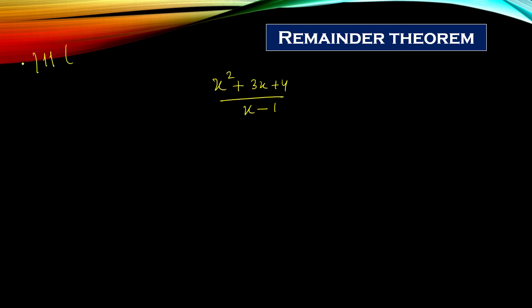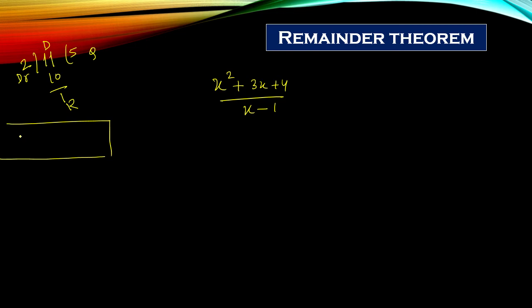Suppose 11 is divided by 2, so we get 2 fives are 10, remainder is 1. Now this is the dividend, this is the divisor, this is the quotient, and this is the remainder. So what does the division algorithm say? First of all we will see it, and we will apply this division algorithm here also in the remainder theorem.